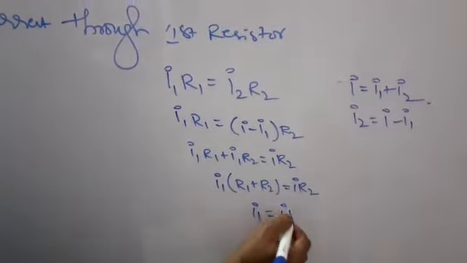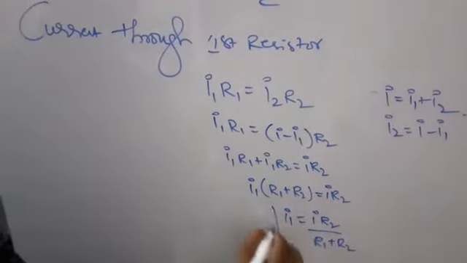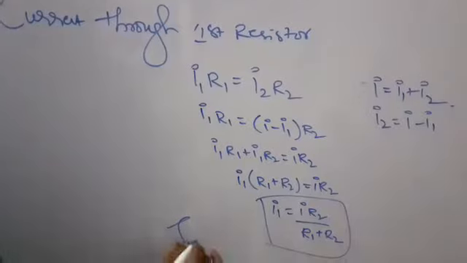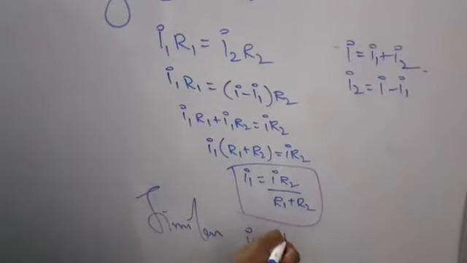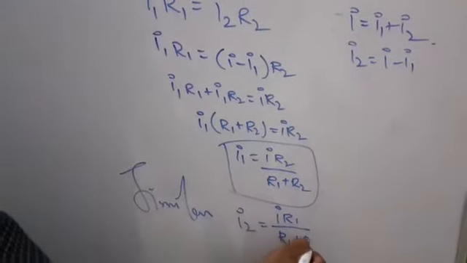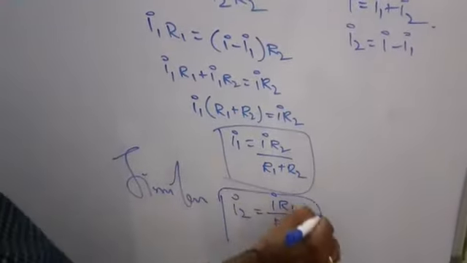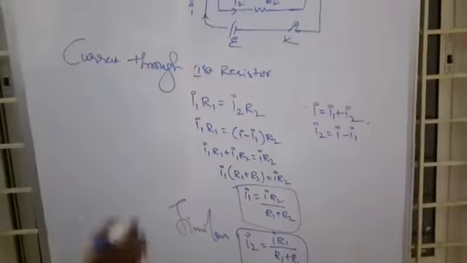I1 is equal to I into R2 divided by R1 plus R2. Similarly, the current through the second resistor is I into R1 divided by R1 plus R2. This is the current through the second.